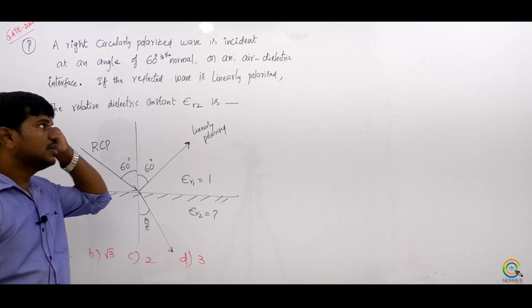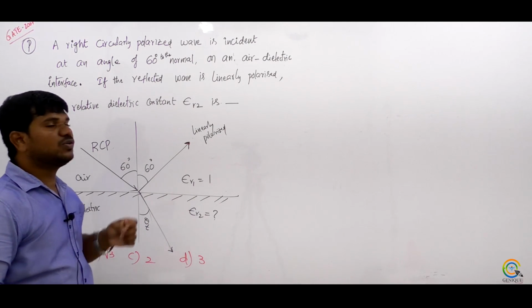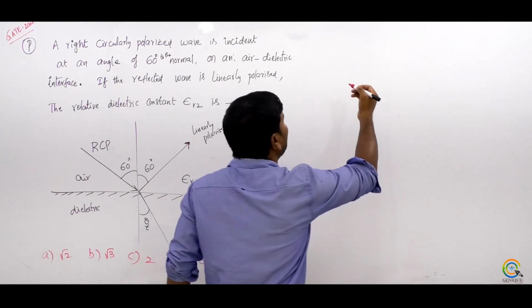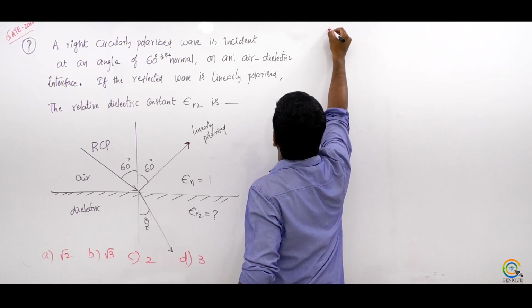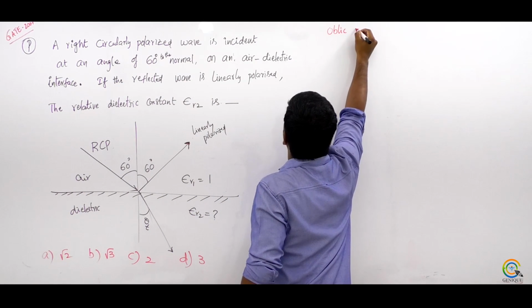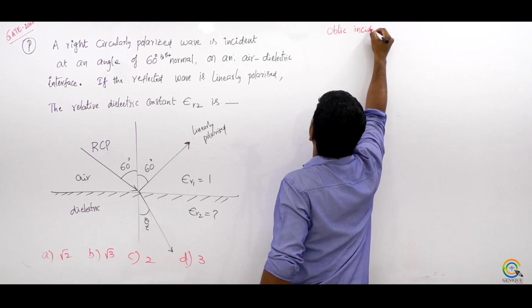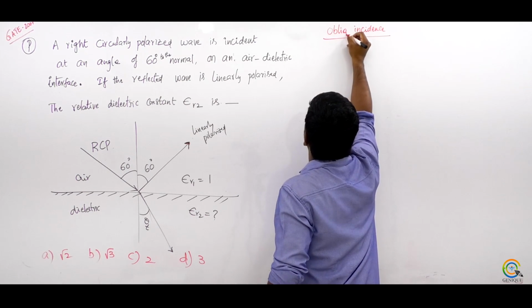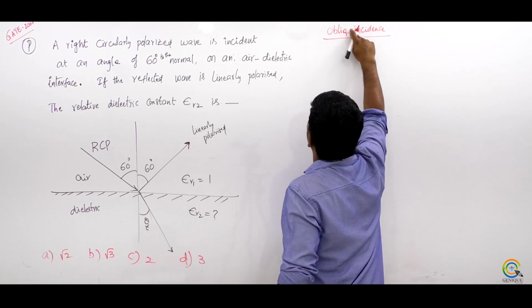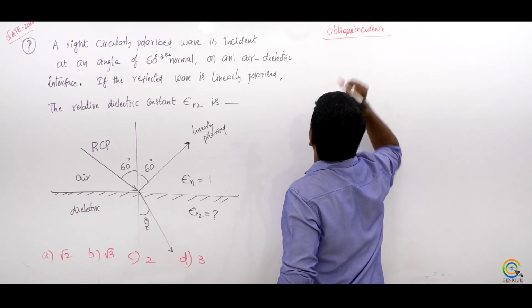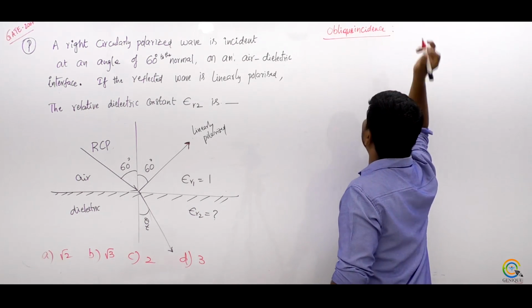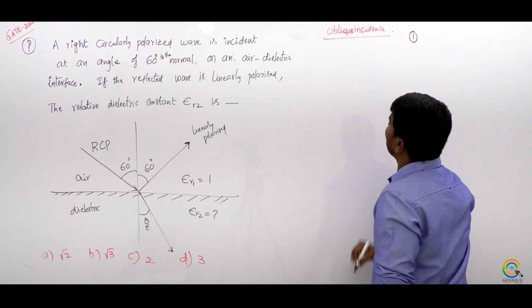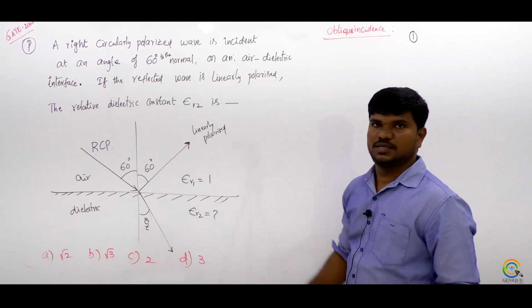We have to go to a new concept here. In the oblique incidence there exist two kinds of angles. So we will define two kinds of angles.